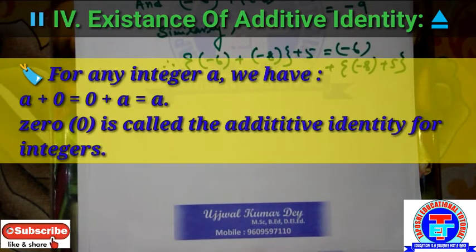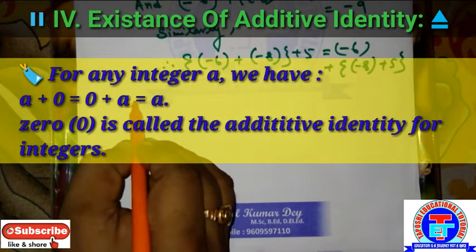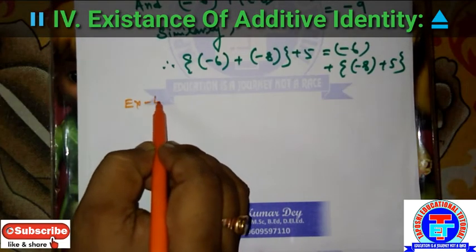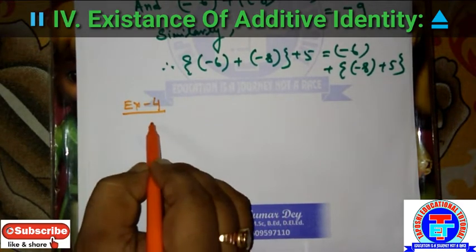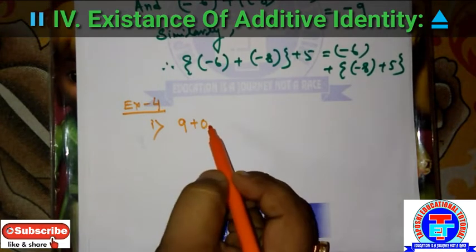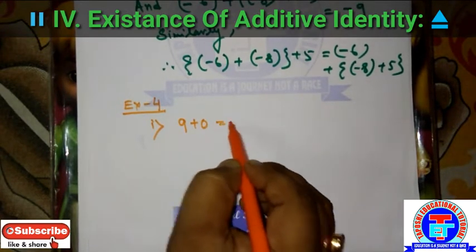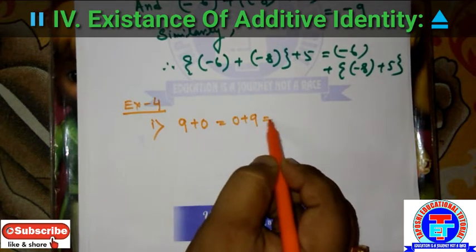So 0 is called the additive identity for integers. Suppose here we give an example for better understanding. Number 1, 9 plus 0 is equal to 0 plus 9, that means 9.